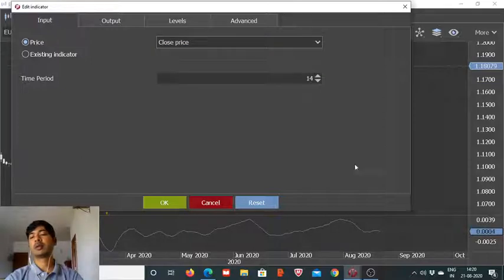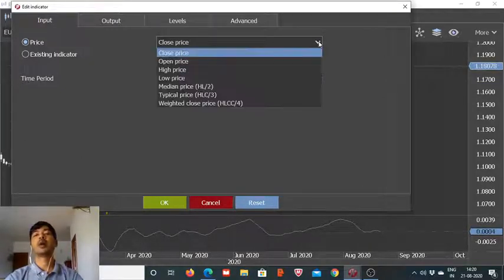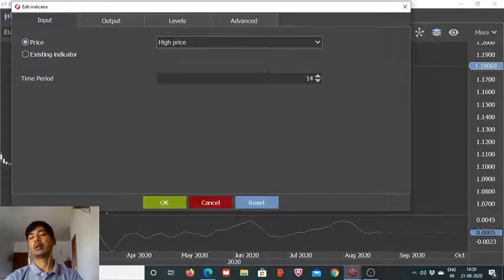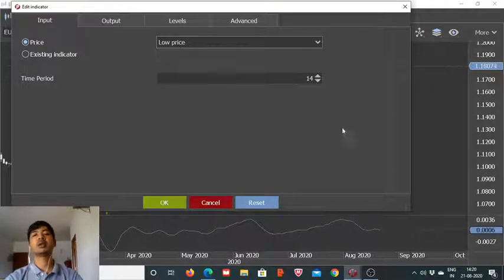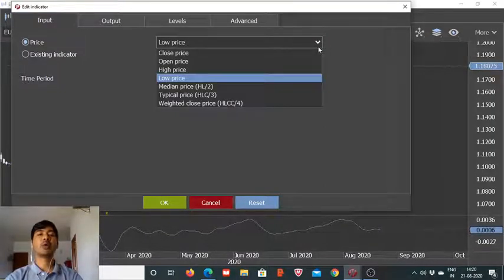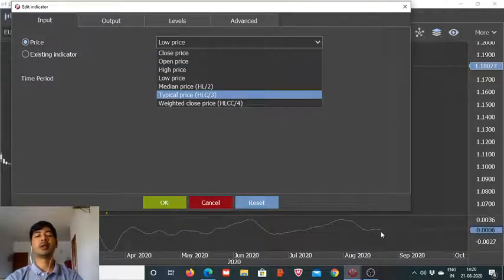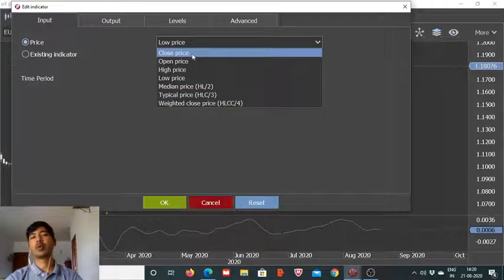With the close price, we are seeing that the linear regression slope has changed to some extent. If we use the high price, it has again changed. If you use the low price, it has again changed. So depending on which type of value you are using to calculate this linear regression slope, we will have different output values.